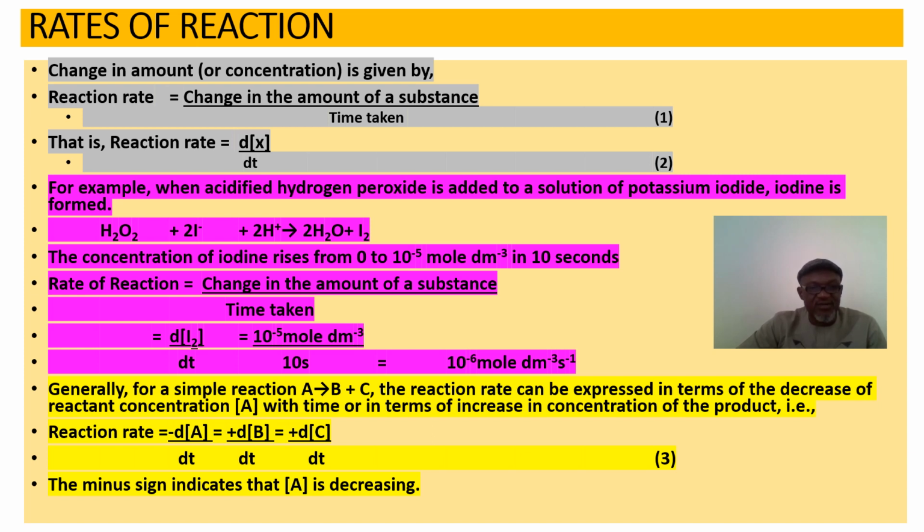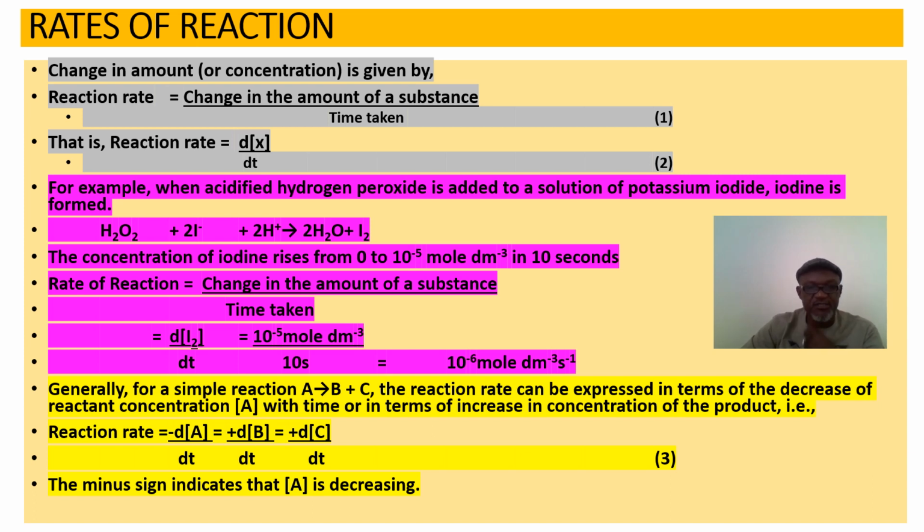For reactants, we have a minus sign. The minus sign will help to make the rate of reaction positive because the concentration of the reactant is decreasing, so our final concentration will be smaller. If you say final concentration minus initial concentration, you will get a negative sign for reactants. And that's why we have a negative here to cancel that negative.